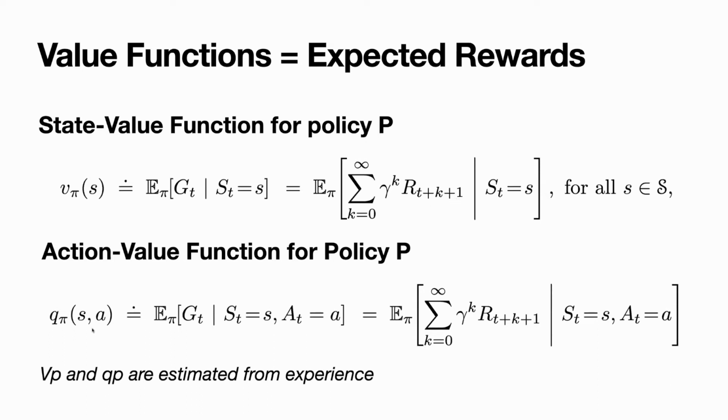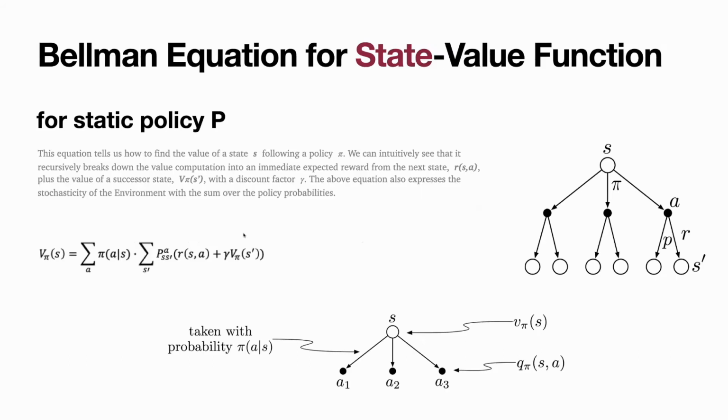And action value takes into account not only future states, but also the actions which are to be taken to get into those new states. Both of these values are calculated from experience, and experience is the interaction of agent and environment. There will be many episodes after which we will compute the optimal state value function and optimal action value function.